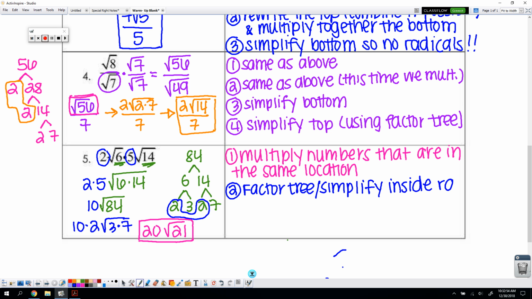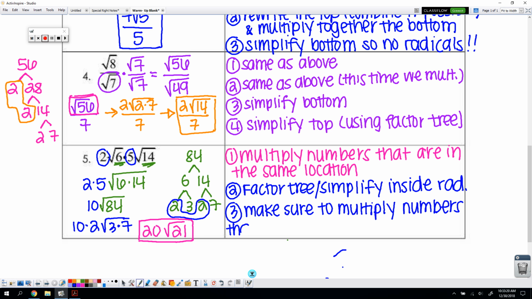Final step, just make sure to multiply numbers that come out with existing numbers. What I mean by that is like when we had 10 there already and 2 came out, we multiplied them together.